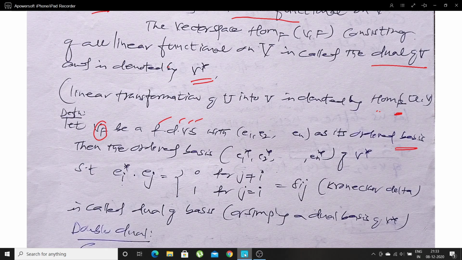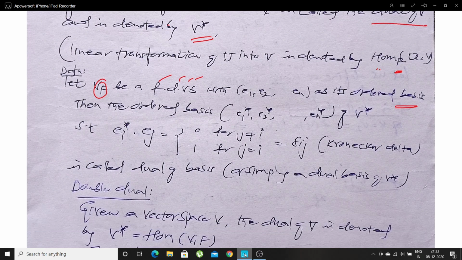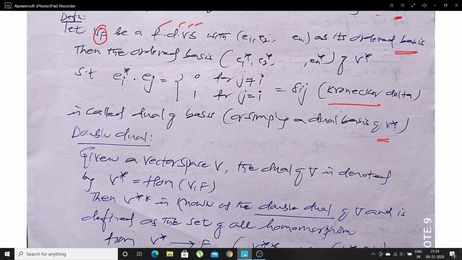If the product of two unit vectors is 1 when i equals j and is 0 if i is not equal to j, and we denote it by the notation delta ij, called the Kronecker delta, it is called the dual of a basis, or simply the dual basis of V star.